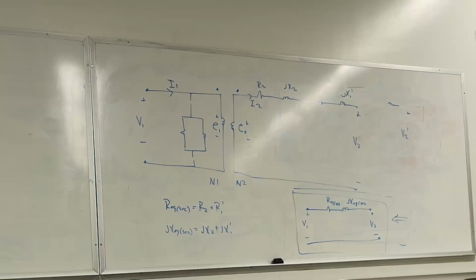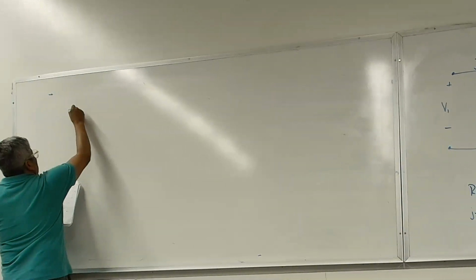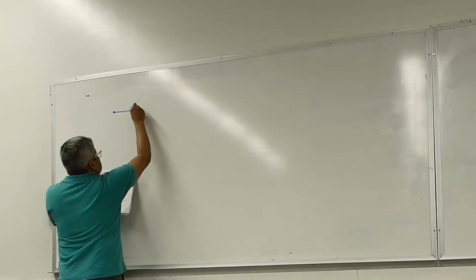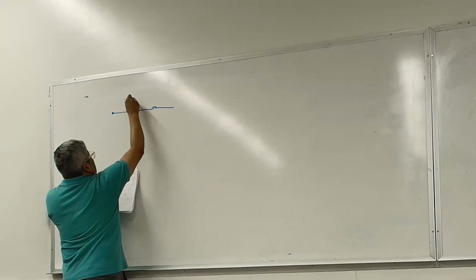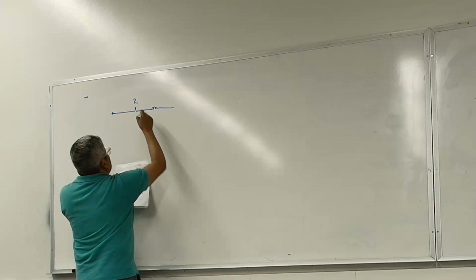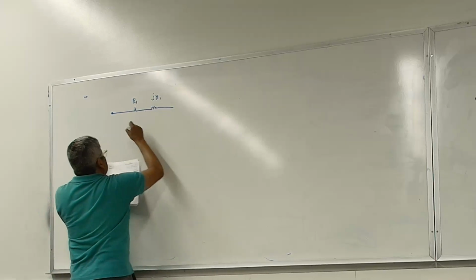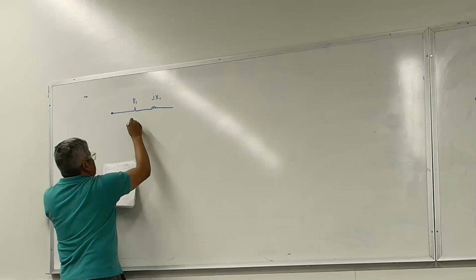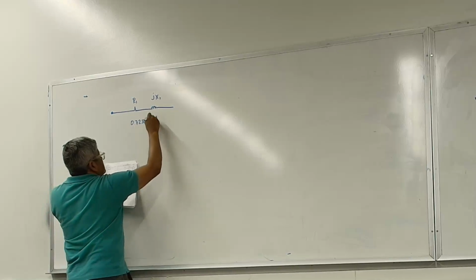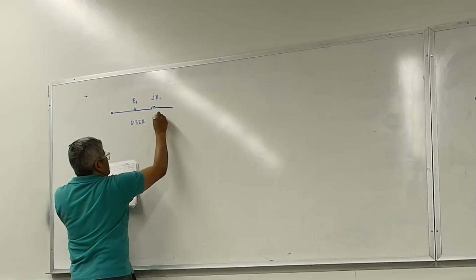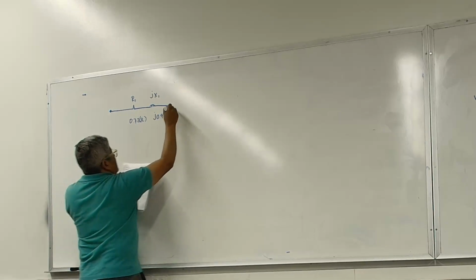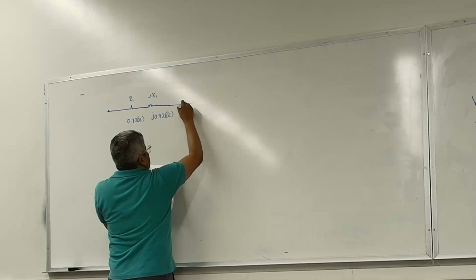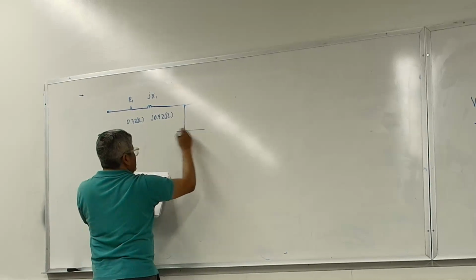If we're given the following model, R1, JX1, this is 0.72 ohms, J 0.92 ohms, and I have my Thevenin branch here.